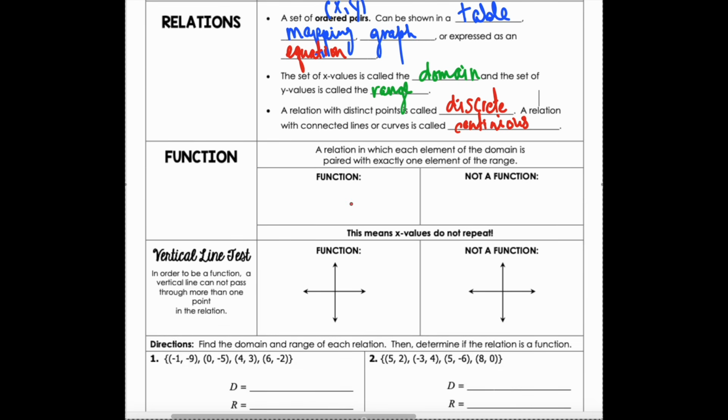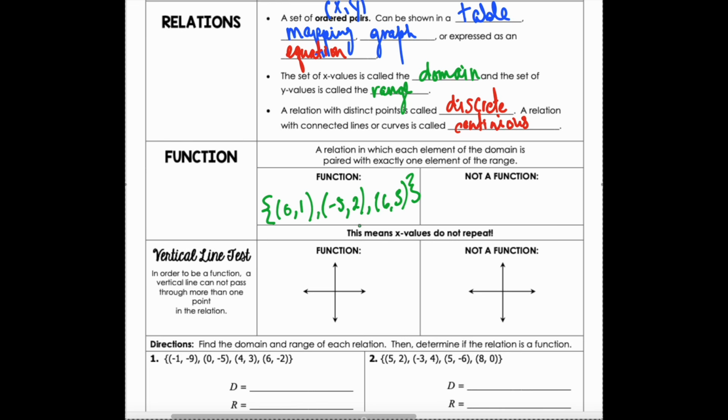When we talk about a function, you will have points that make a function and points that don't make a function. So let's show an example of points in a function. You might have a point that says (0, 1), and then (-5, 2), and then maybe (6, 3).